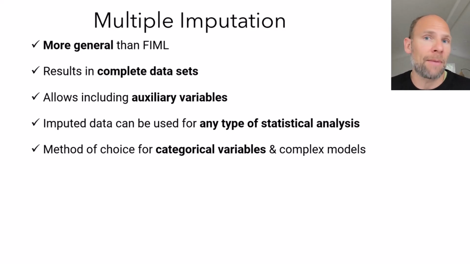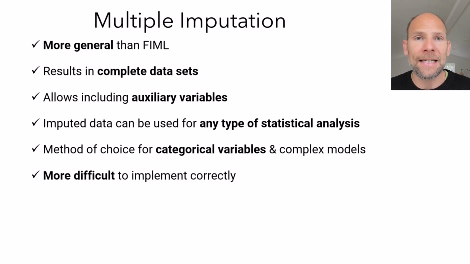So in that situation, my recommendation is always to use multiple imputation to impute categorical variables before you run your factor analysis. Also, multiple imputation is the method of choice for certain complex models where FIML wouldn't lead to the correct results. For example, if you have interaction models, then you want to impute with the interaction terms. That's more complex, and in those situations, it is better to use imputation than full information maximum likelihood.